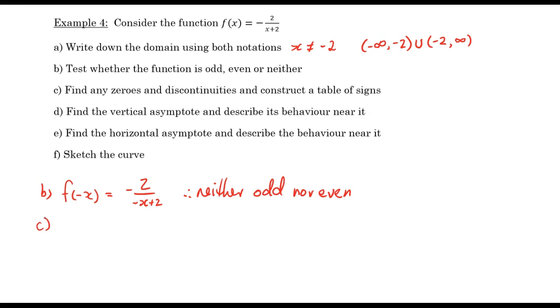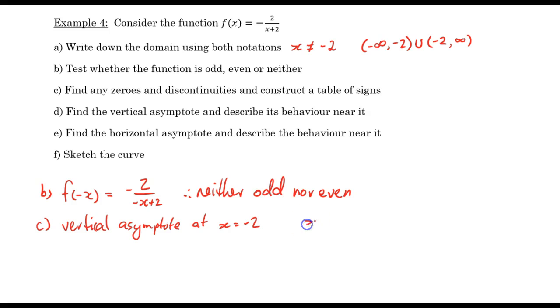So this function does not have any x-intercepts. So I have a vertical asymptote at x equals negative 2, and that's all. I don't have any zeros.